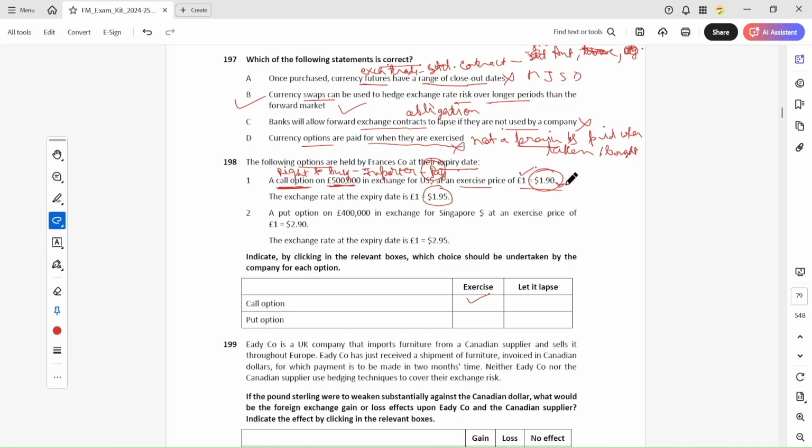So his home currency is the dollar, and right now he has to pay only 1.90, but at the expiry he has to pay 1.95. So right now he will exercise the contract. Okay, he will exercise the contract.